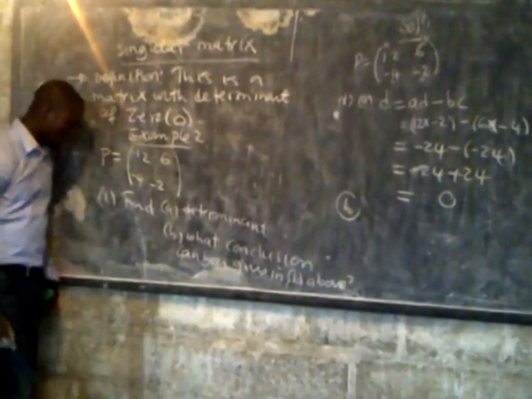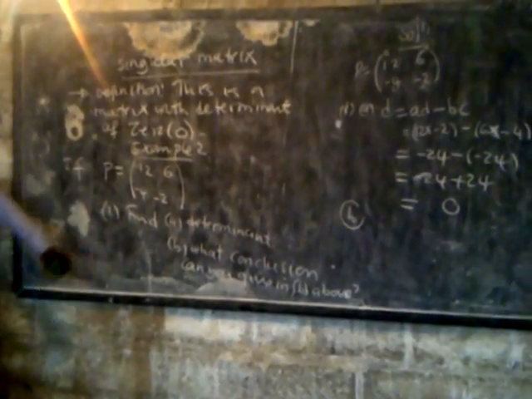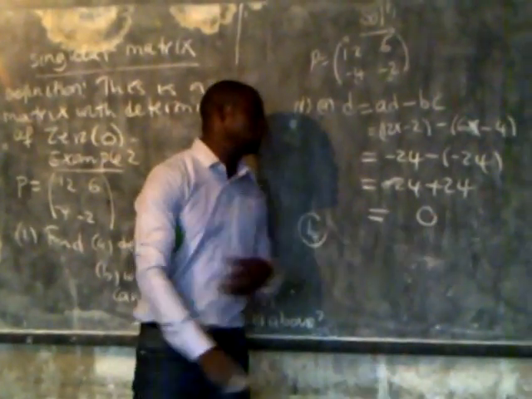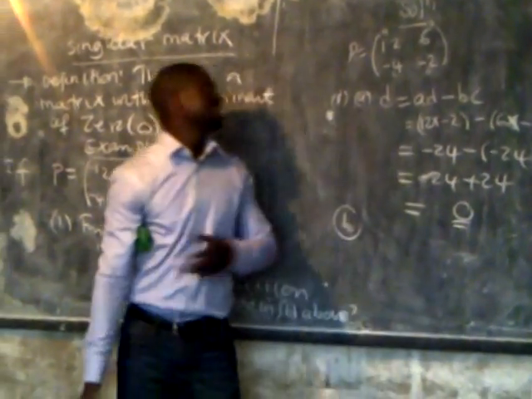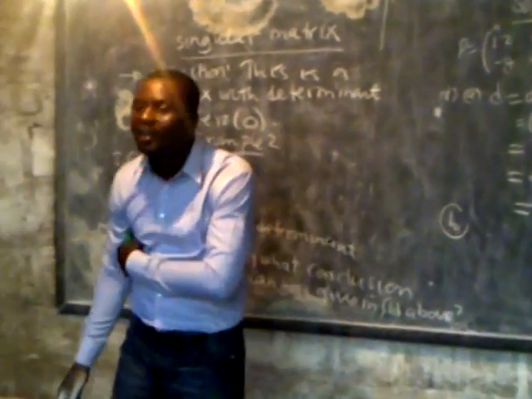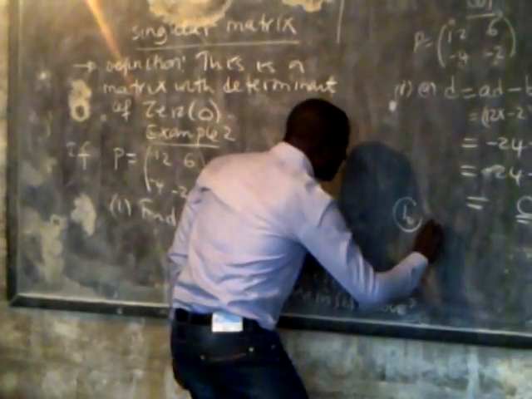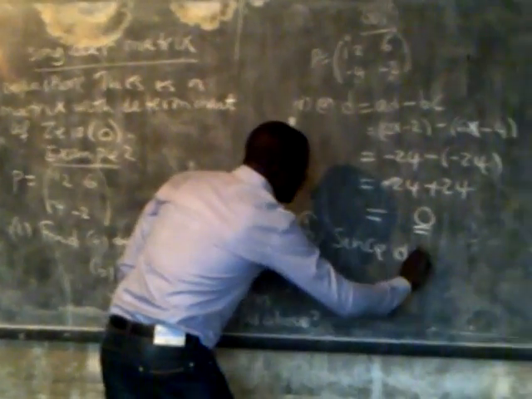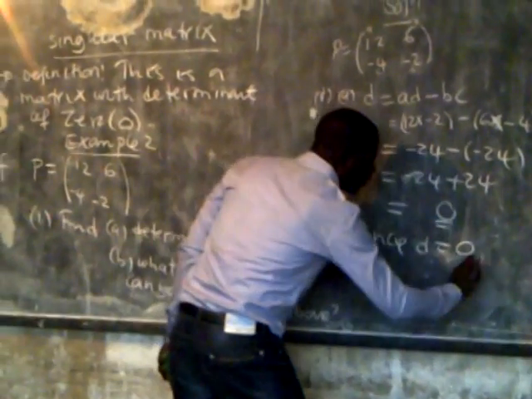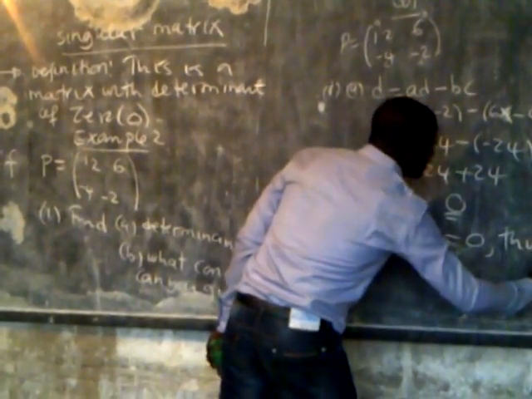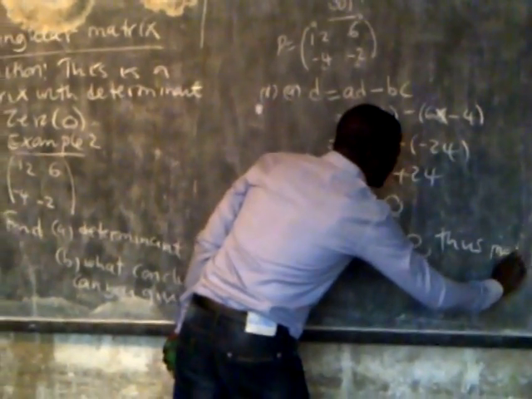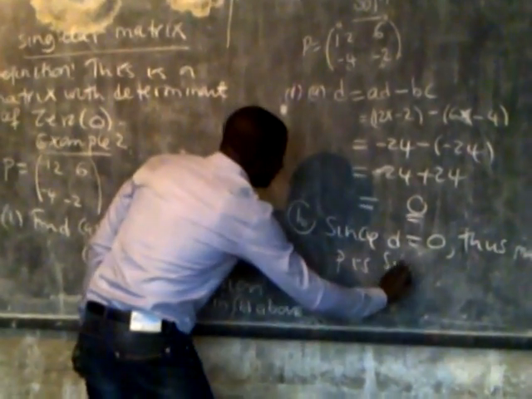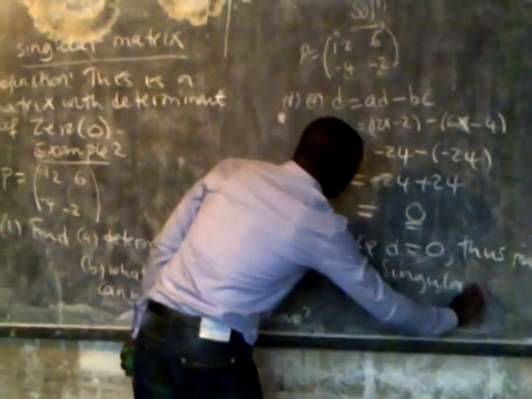Number B. What conclusion can you give in B above? Since your determinant is 0, it means matrix P was a singular matrix. So in your conclusion, you say, since determinant is 0, thus matrix P is singular.